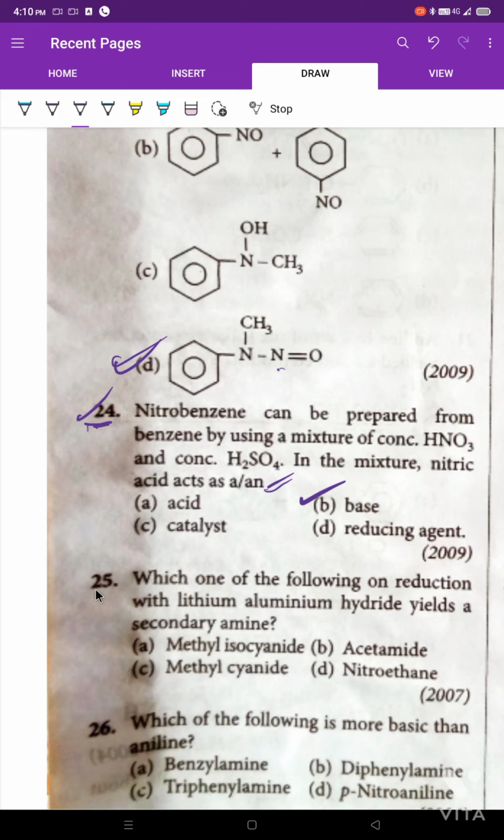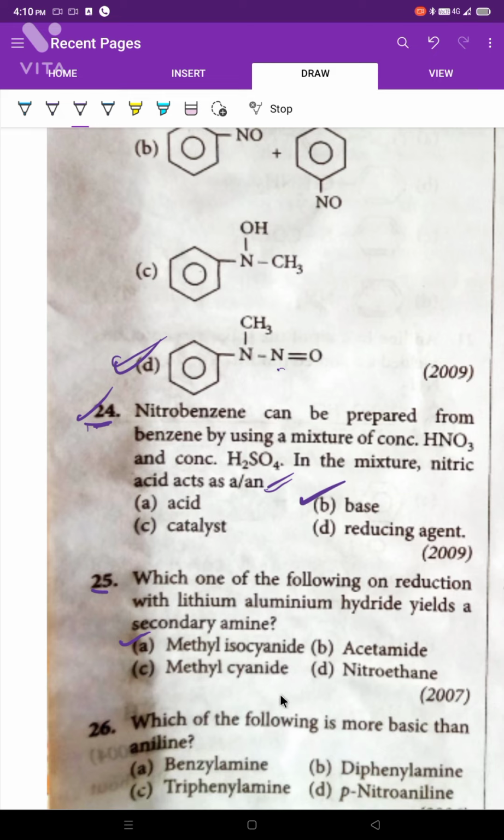Let us focus on question number 25. Which one of the following on reduction with lithium aluminum hydride yields a secondary amine? Straight away you can say isocyanide is reduced to secondary amine. This is a fixed one.